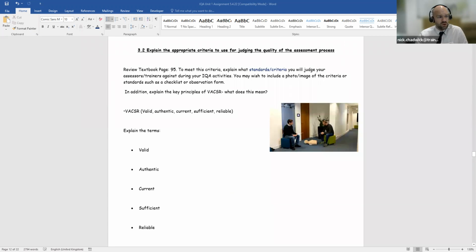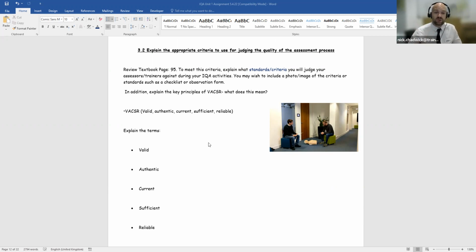Okay. The next criteria we are looking at is 3.2, explain the appropriate criteria to use for judging quality of the assessment process. Have a read of textbook page 95. Every time that you observe the performance of an assessor, you need to be using some type of criteria or standards in order to make that judgment.